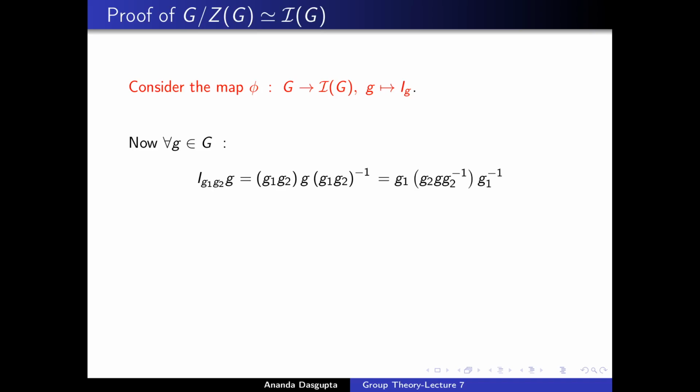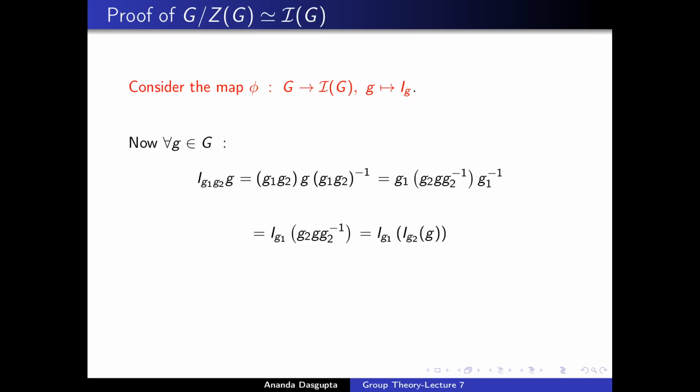So if you use that and use associativity to change my brackets around, I get g1, then g2 g g2 inverse, and finally there's a g1 inverse on the right. So this expression here, of course, is I g1 acting on g2 g g2 inverse. But g2 g g2 inverse is I g2 acting on g. So this is I g1, I g2 acting on g.